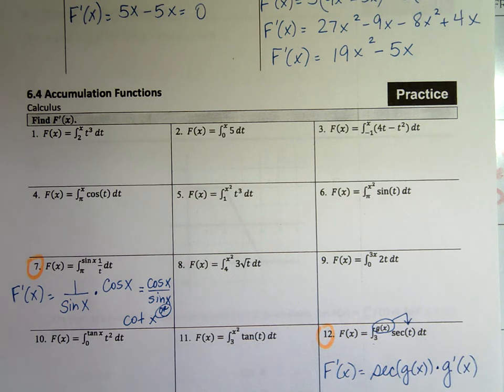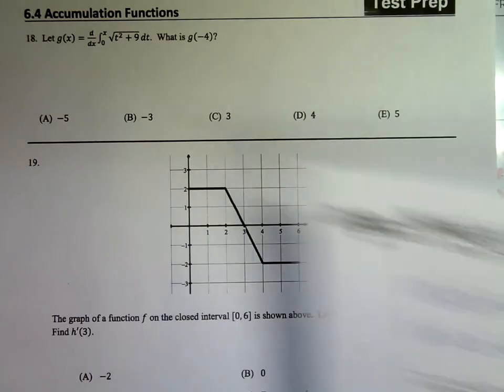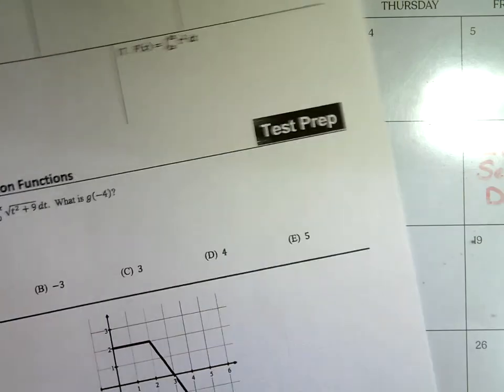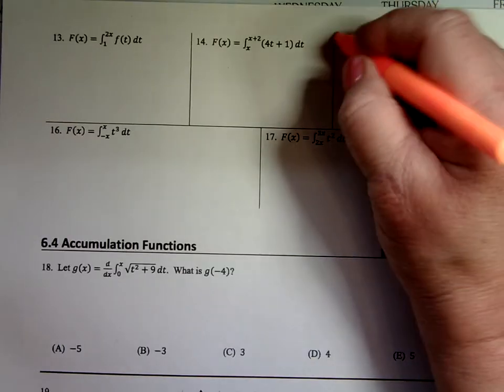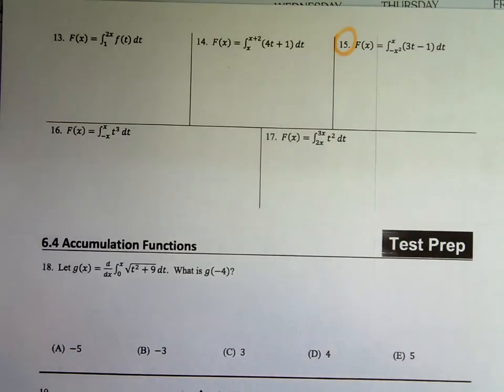How about one with the variable in both ends? So if you flip the page, let's try 15. 15 is probably the messiest of them, so I'll give you the messiest guy. Some of them are relatively easy.